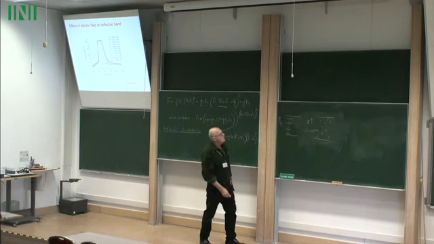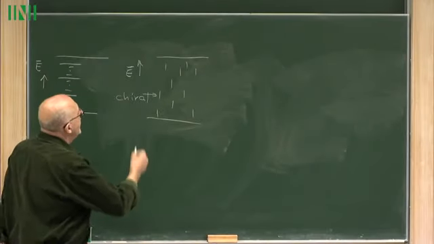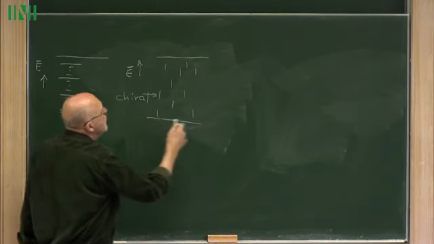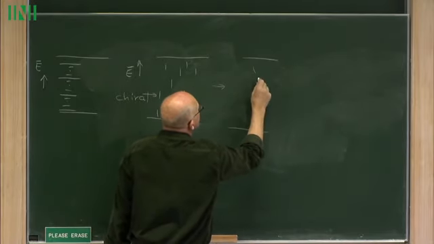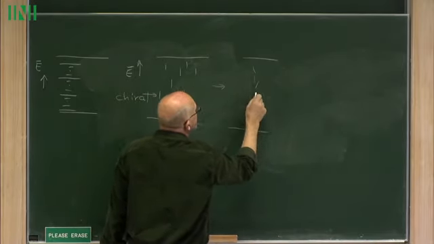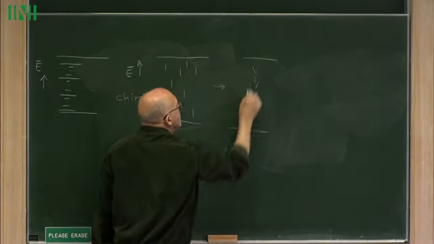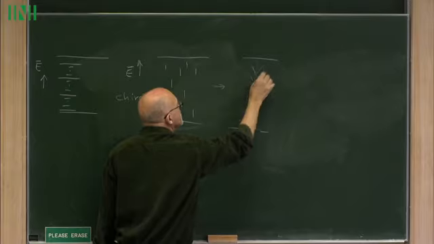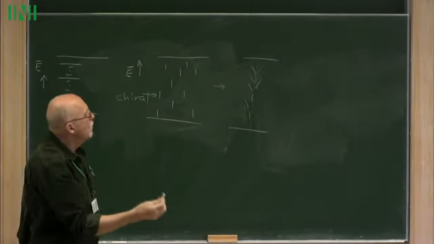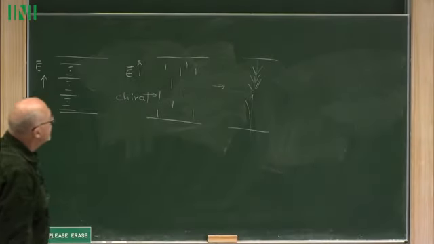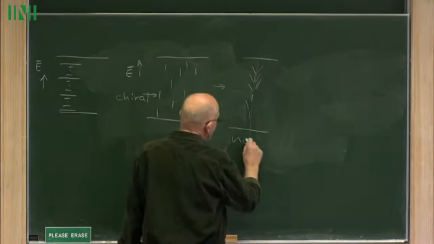So the expectation was that if one did this, then as you reduce the field, this would eventually transform into a structure where there would be tilt, and these molecules would presumably somehow be sitting on some sort of conical structure and wind as you go through the cell. But experimentally, this was not found. So this was not observed.